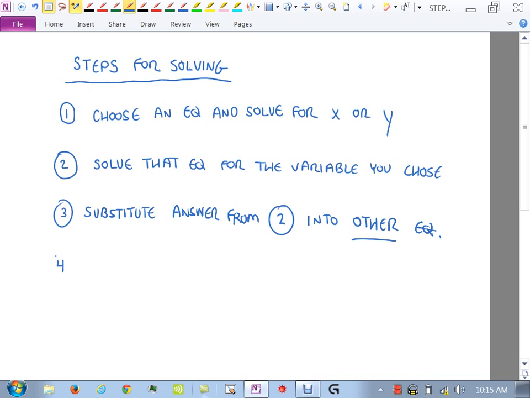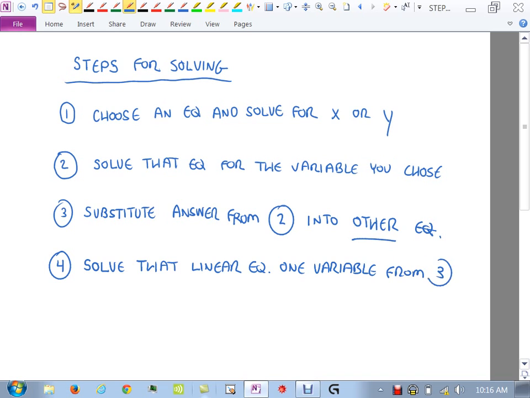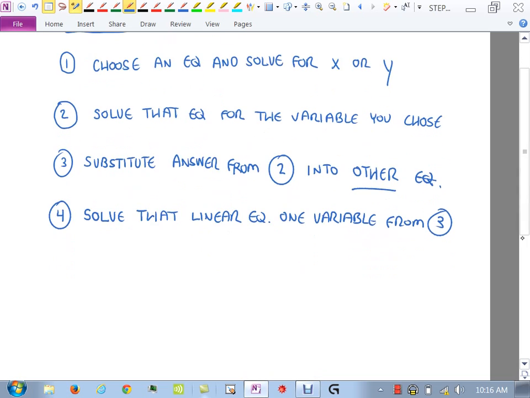Okay? When you do that, you will have a linear equation in one variable, won't you? So what you'll do is you will solve that linear equation, one variable, from step 3. What do you do after you've solved that?